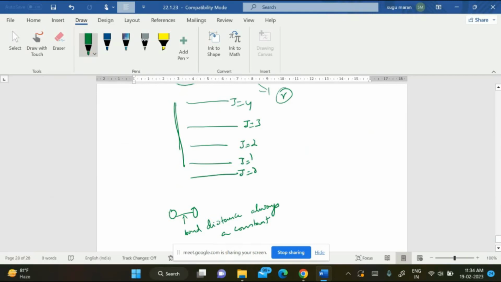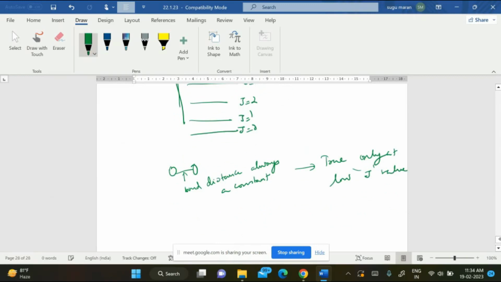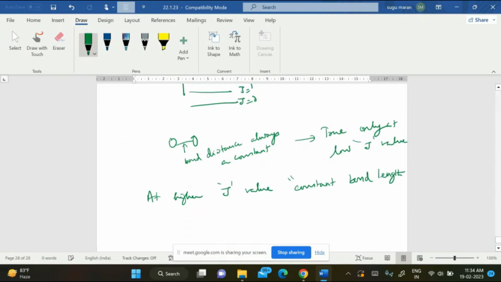But that cannot always be true. This can be true only at low J values for any molecule. But at higher J values, the concept of a fixed internuclear distance or constant bond length is not valid.